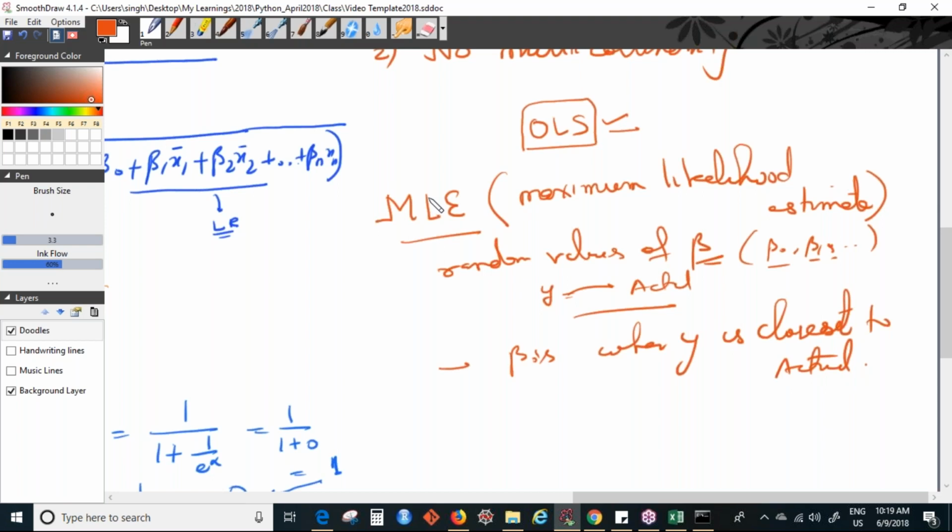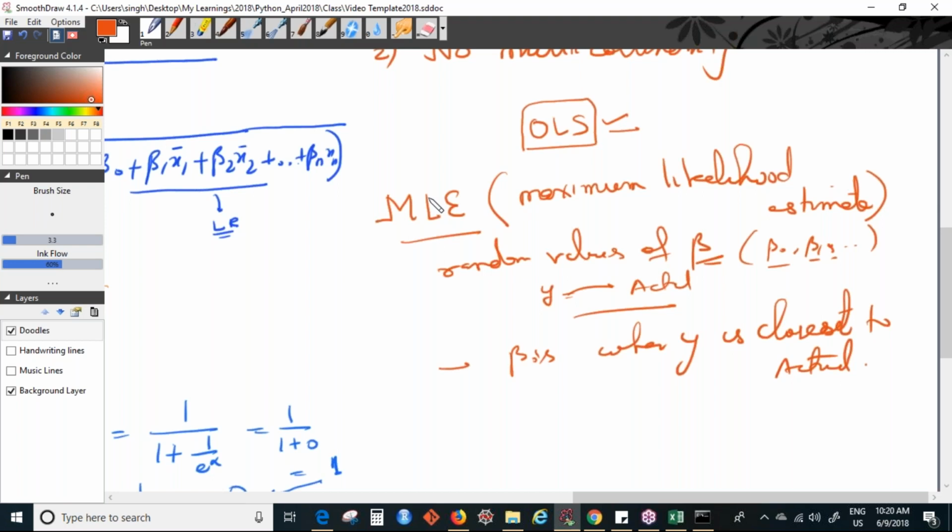Now you don't have to go beyond this, it gets very complex beyond this. But just like ordinary least square, here also you have a function known as maximum likelihood estimate. What this does is it starts with random values of betas, and using those random values it tries to predict your y, and then compares your y with the actual values.